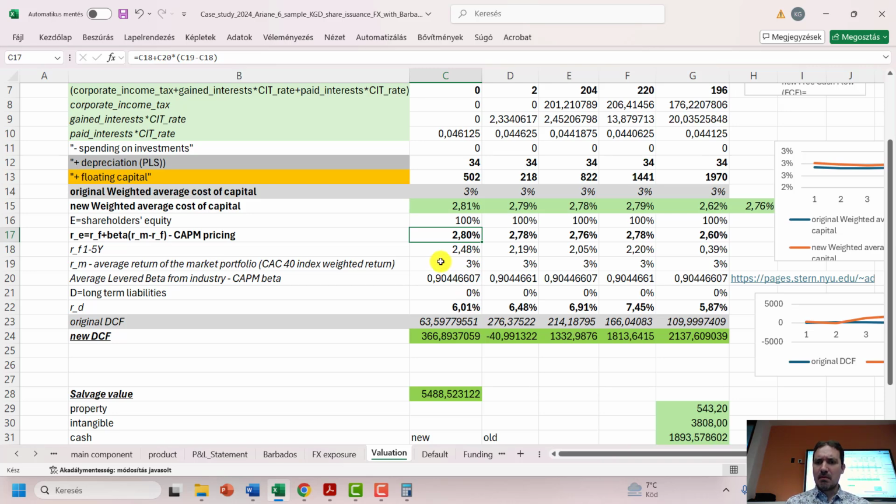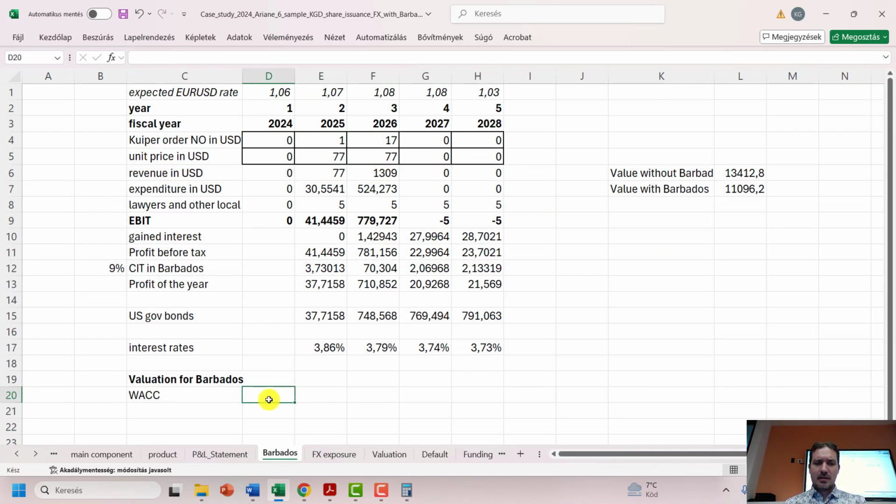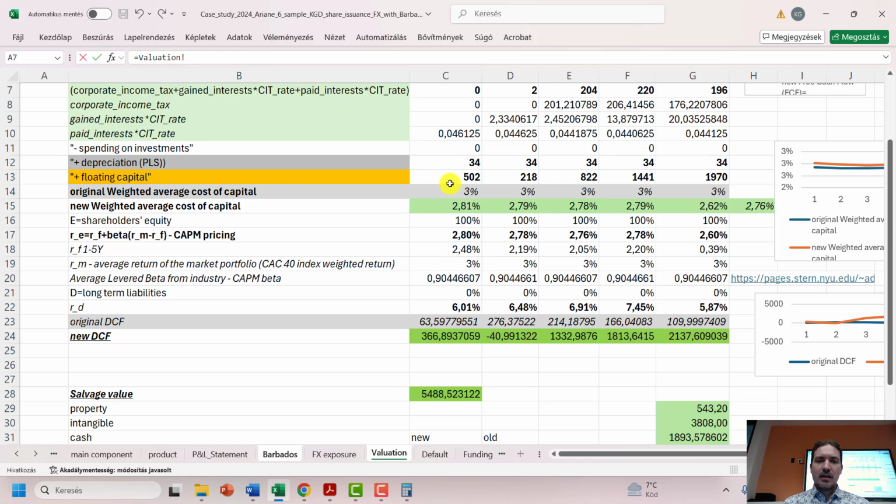Mine mainly uses only equity, but at least I can use the expected rate of return. We don't have debt in Barbados, so I can say that. Let's pick this up.